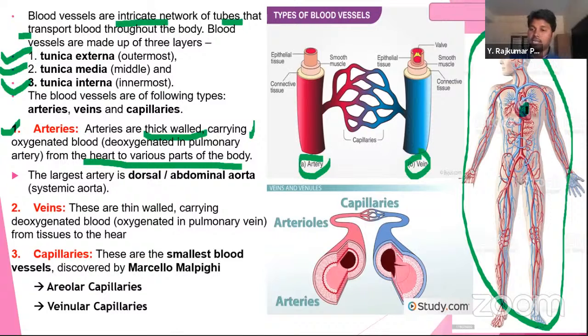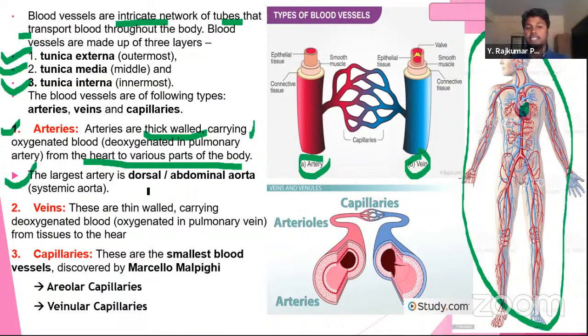You can see these are supplying the blood to all parts of the body. They are taking oxygenated blood from the heart to all parts of the body. So they are called arteries, and arteries are thick walled. Why their walls are thick, we will discuss that next.